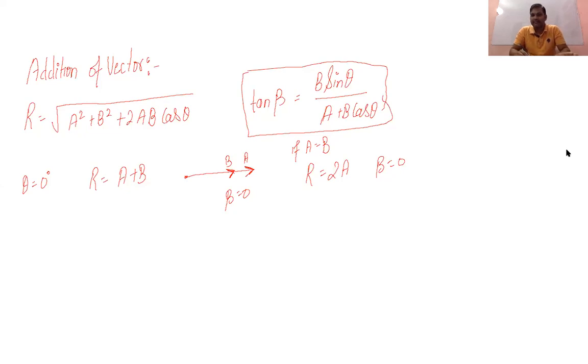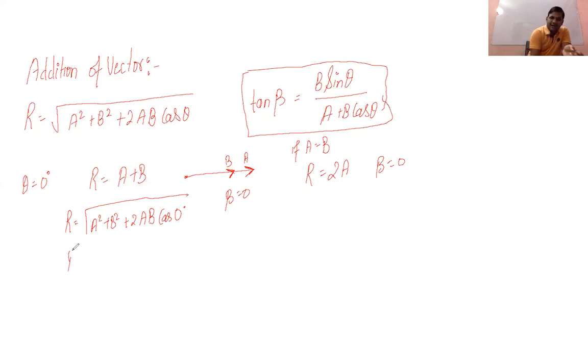How did it come? We can see from here. This is your A square, this is B square plus 2AB, and when you put here cos 0, cos 0 is basically 1.